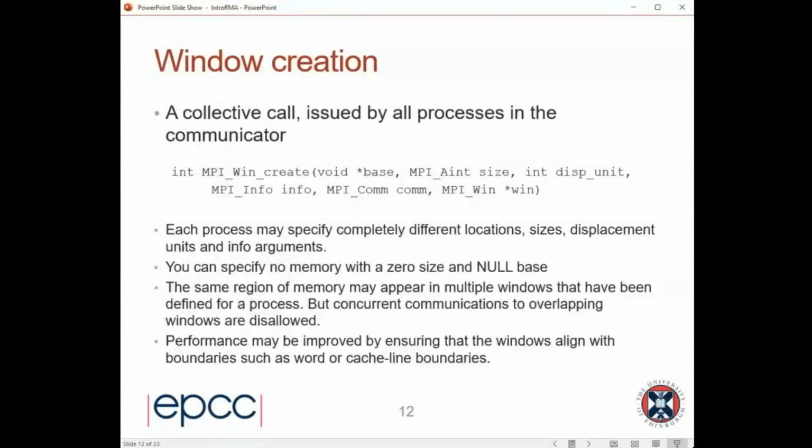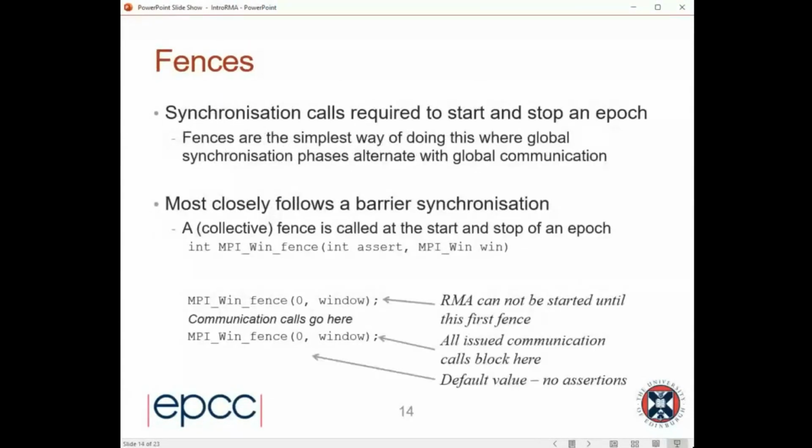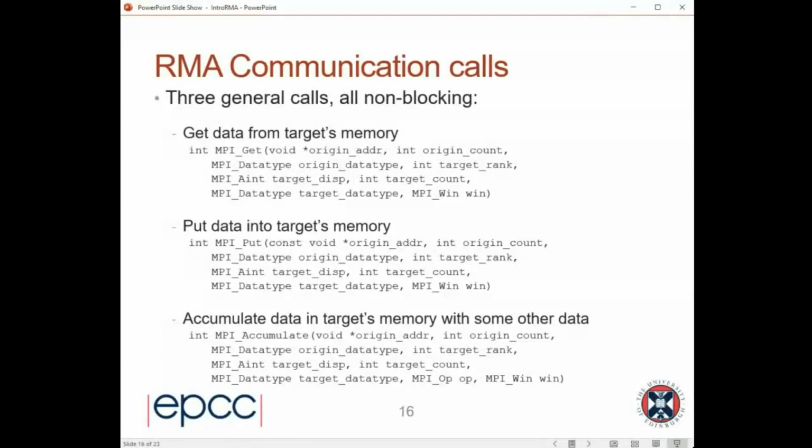What was it called? Sorry, I'm very bad with terminology. Apologies. The displacement unit. And then there's the target count, how many you want to read, and a target data type, and then the window. So this is basically like a receive. These are the receive parameters, and these are like the send parameters from the target, but they're all put together.